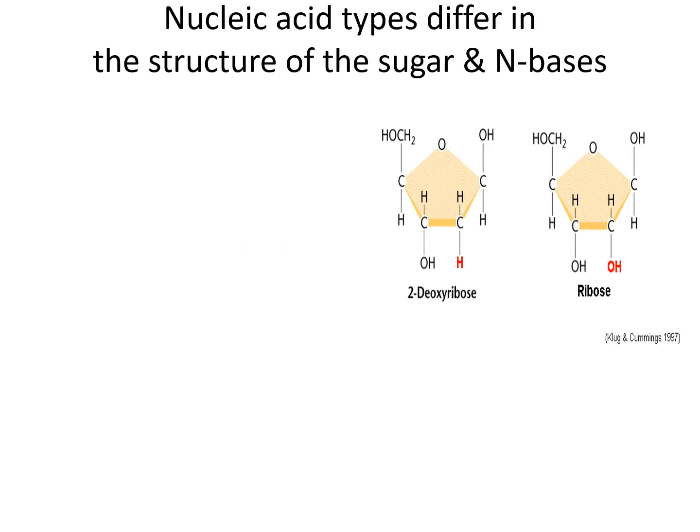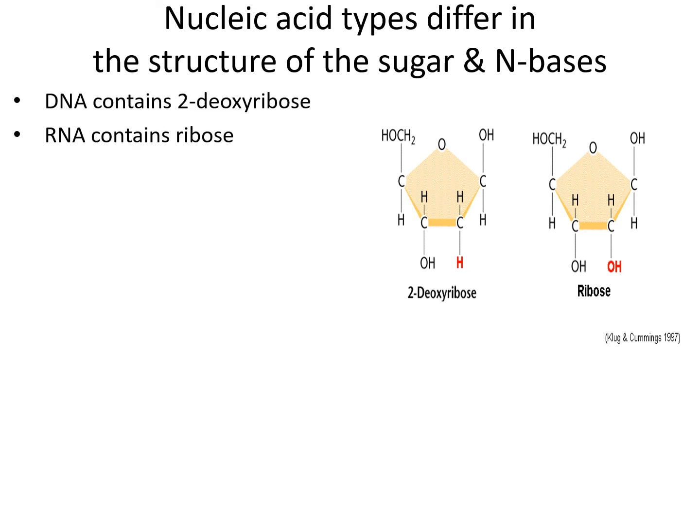Okay, the nucleic acid types, so DNA versus RNA in particular right now, differ in the sugar itself and the nitrogenous base possibilities. First of all, DNA contains a deoxyribose, whereas RNA contains a ribose. And so I want to point out that on the 2' carbon, all right, here's 5' at the top, here's 3' at the bottom, on the 2' carbon, there is a hydroxyl, right?